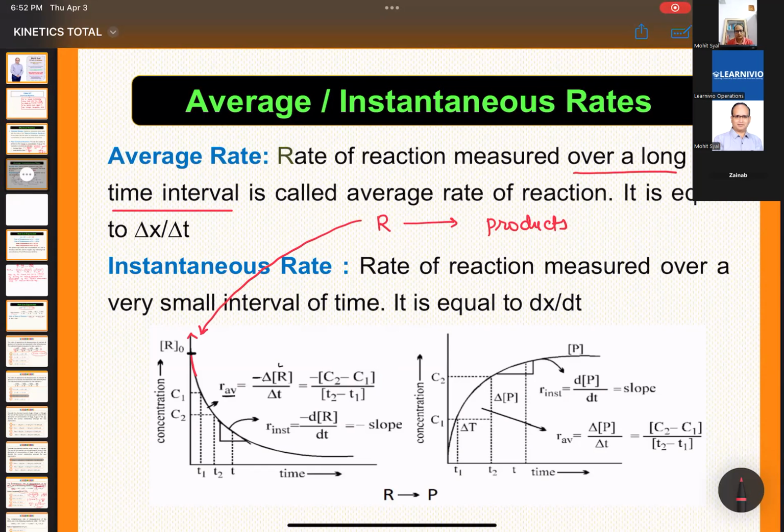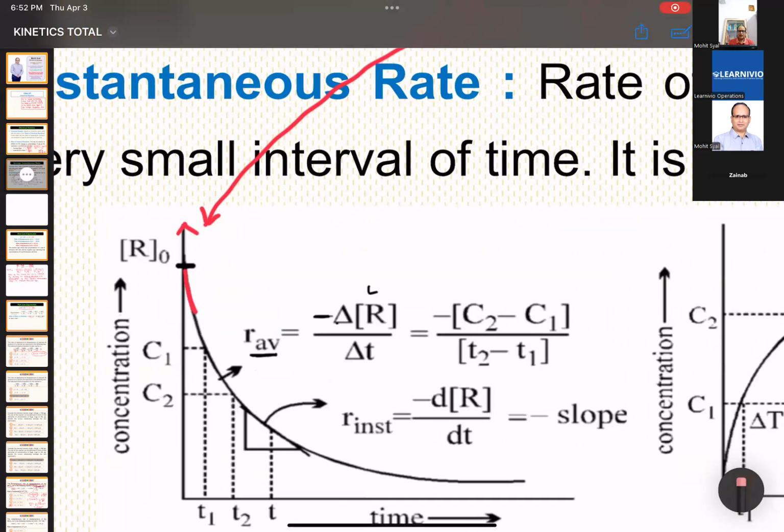It will decrease. It will get consumed, so it will decrease. You can see the concentration of the reactant is becoming less and less as time goes on.